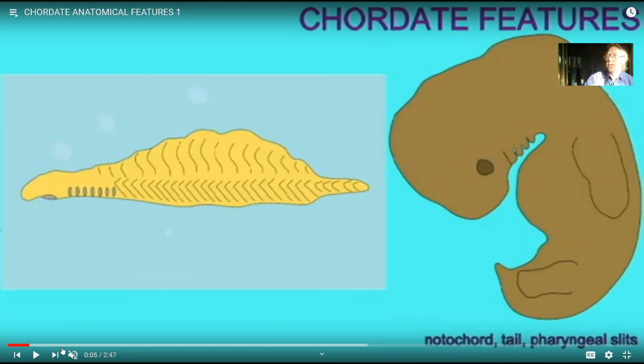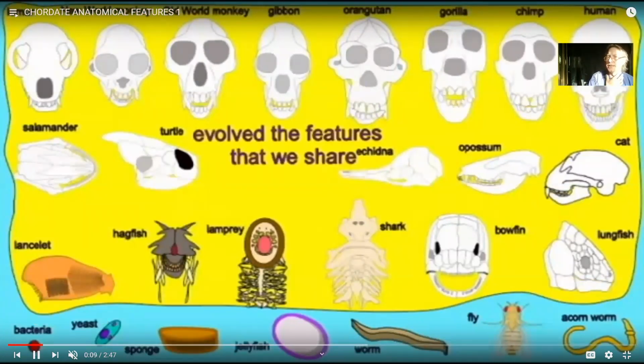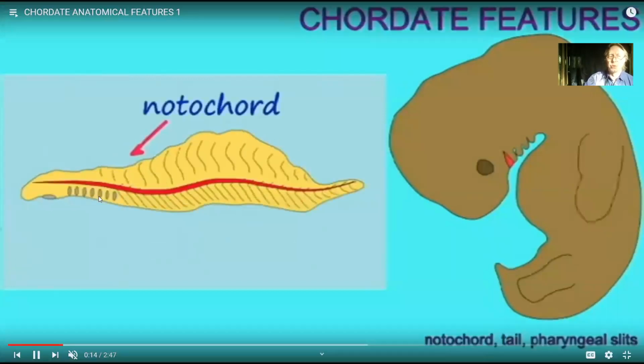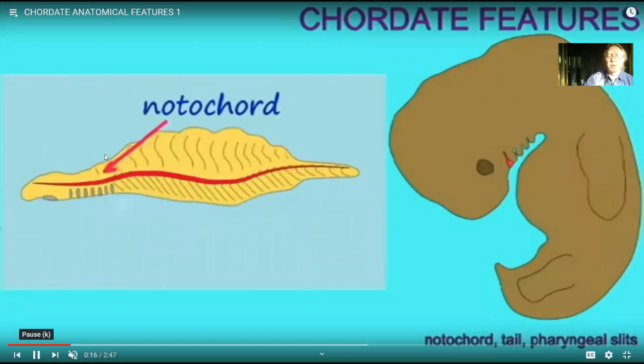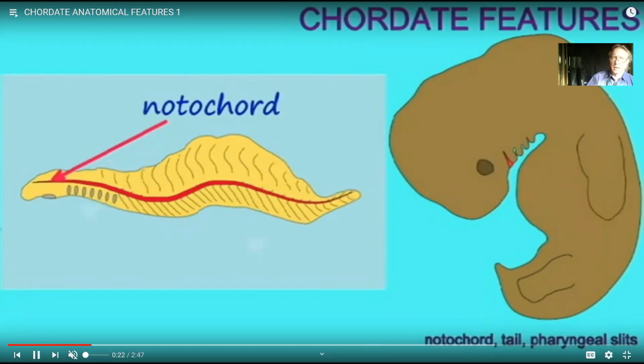Once again, they share a throat with slits, all right, which is not so important in us because as embryos we have to remodel this. But whether it be these early chordates or fish, this is important because this is where the gills form. There is then a notochord, a support rod, which goes down the back. This is, if you want to think of it this way, the precursor of the vertebral column.